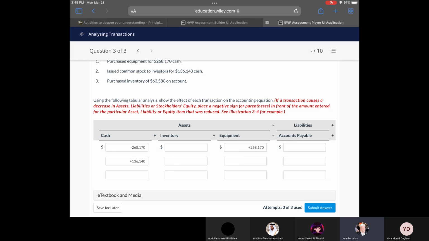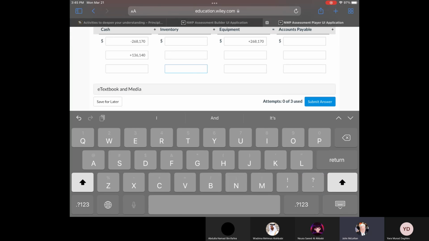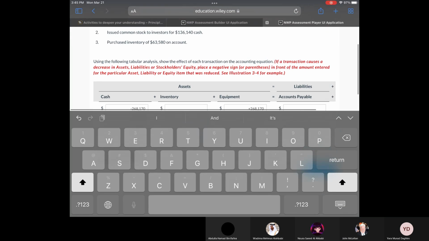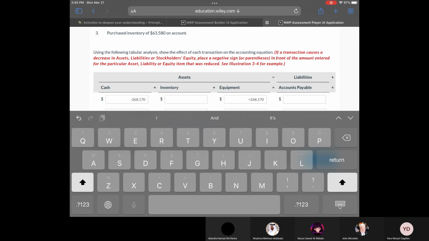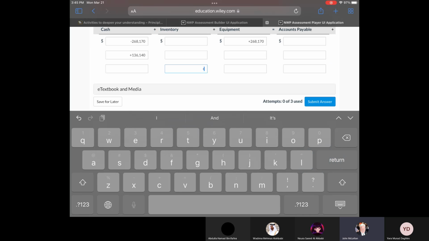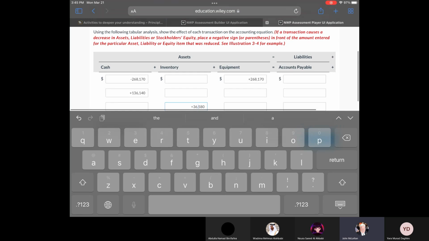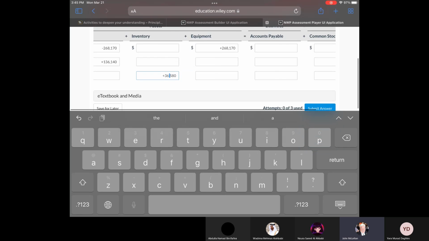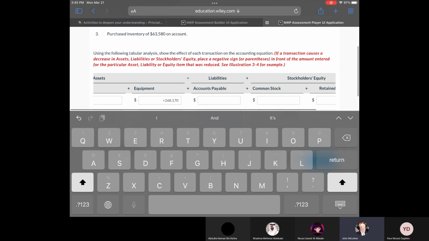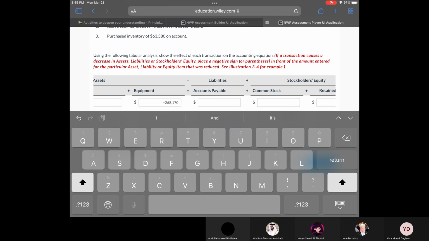Purchased inventory, inventory is an asset, and accounts payable is a liability. Okay. Very good. Accounts payable.